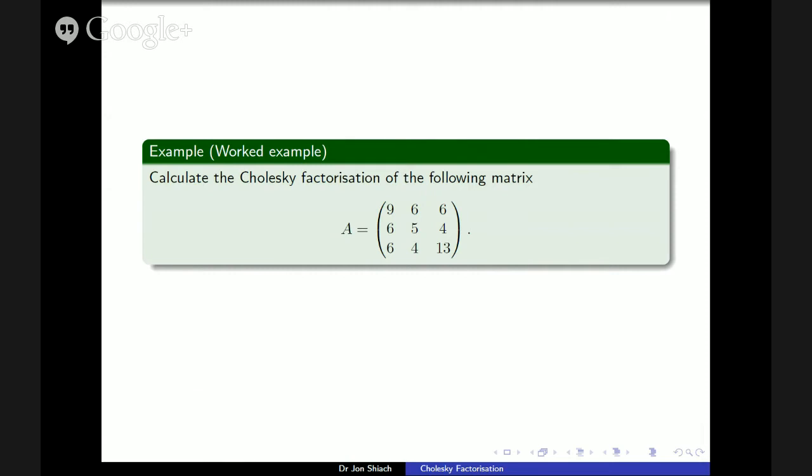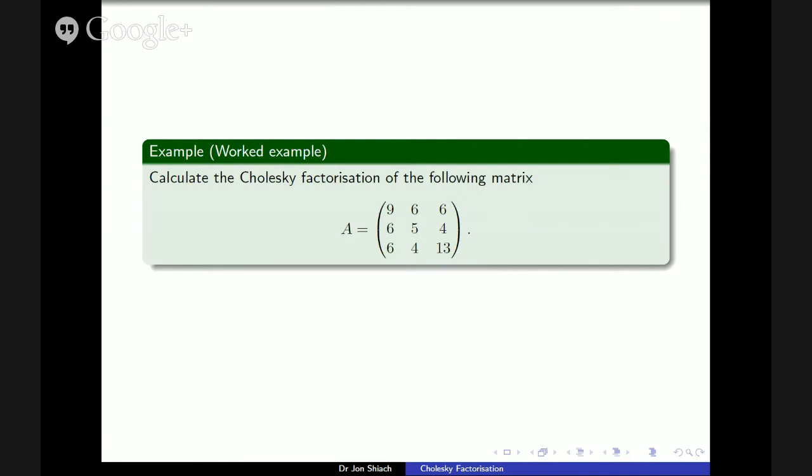Okay, so what we're looking for is a lower triangular matrix like so. Okay, that matrix multiplied by the transpose of that matrix.